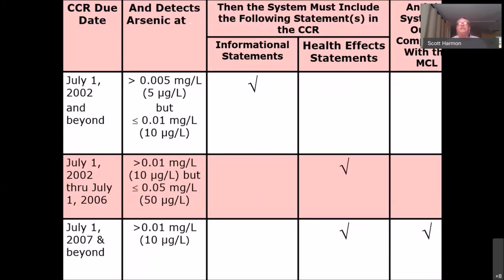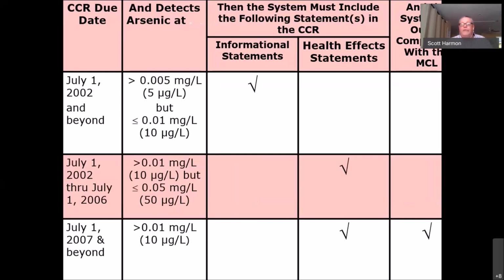I don't know how well you folks using a small phone can see any of these, but this deals with the Safe Drinking Water Act requirements as well for your consumer confidence report. It's just basically a little flow chart. The Safe Drinking Water Act allows the EPA administrator to require systems to include health effects language for the three regulated contaminants, even if the system has not violated the MCL.